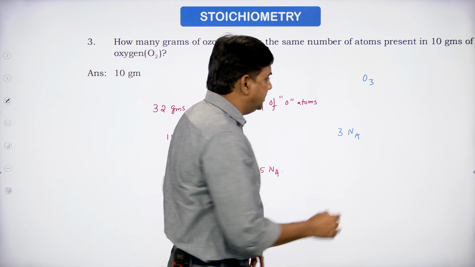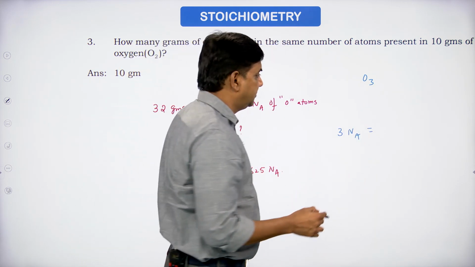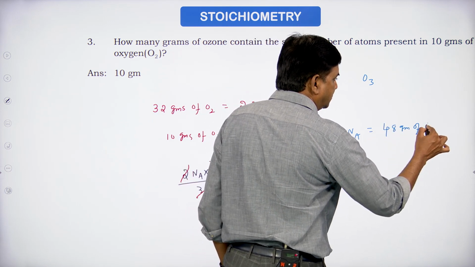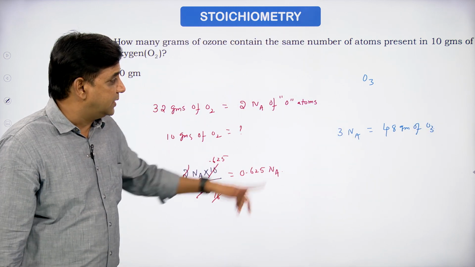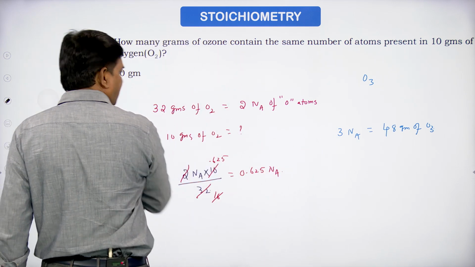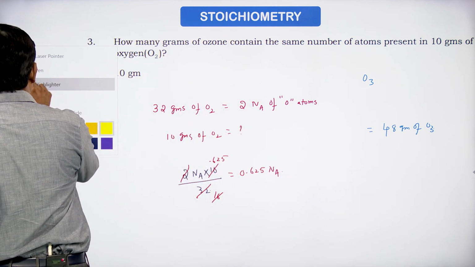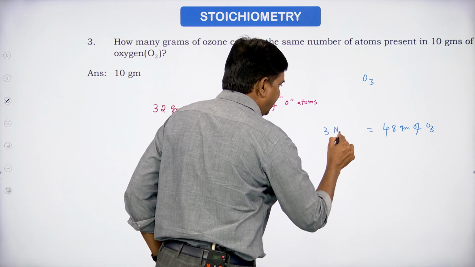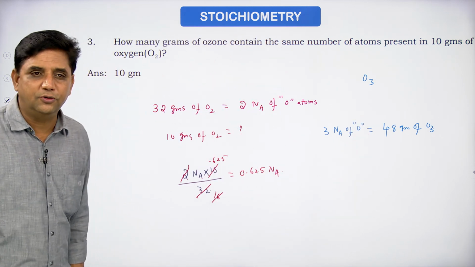So 3 Na is present in 1 mole of ozone, which is equal to its molecular weight, that is 48 grams of ozone. 3 moles of oxygen atoms are present in 48 grams of ozone. If you have confusion, you can write 3 moles of oxygen. Three Na of oxygen atoms are present in 48 grams of ozone.